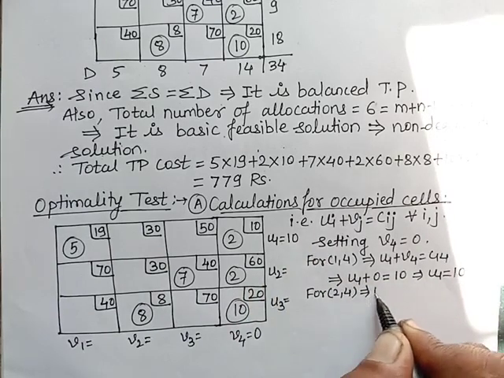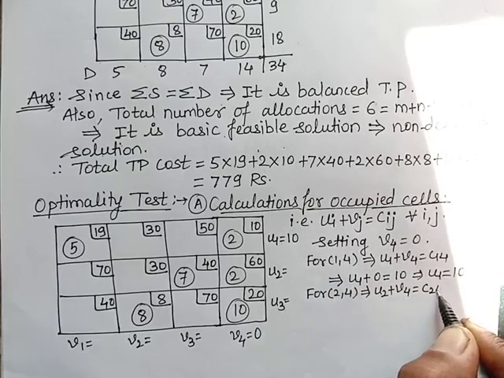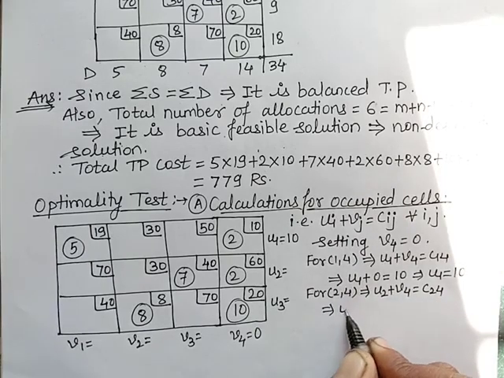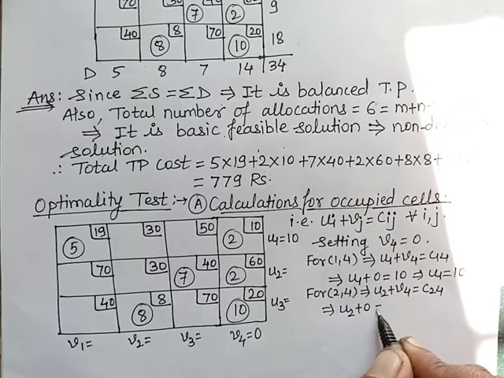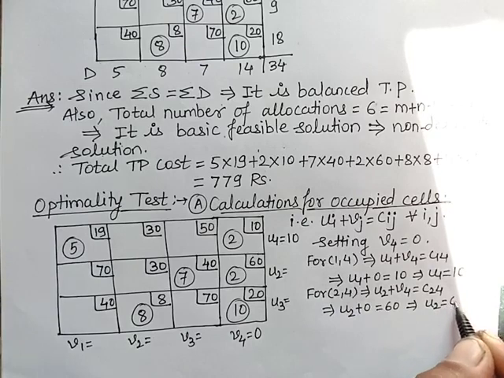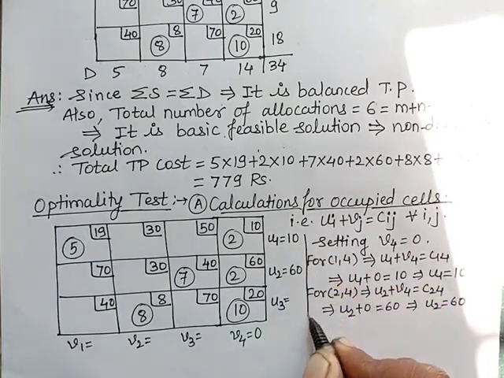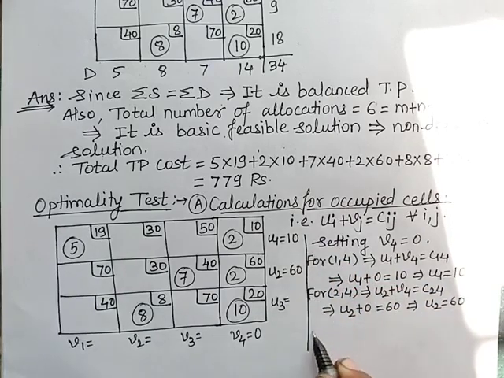For cell 2,4, u2 plus v4 is equal to c24, that gives u2 is 60.